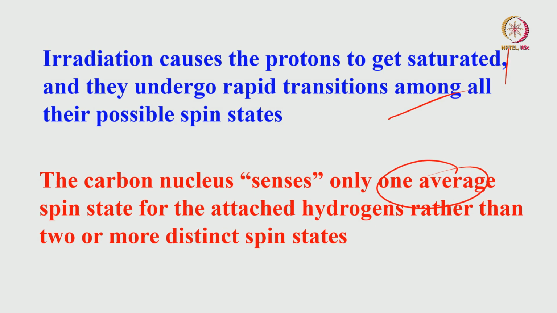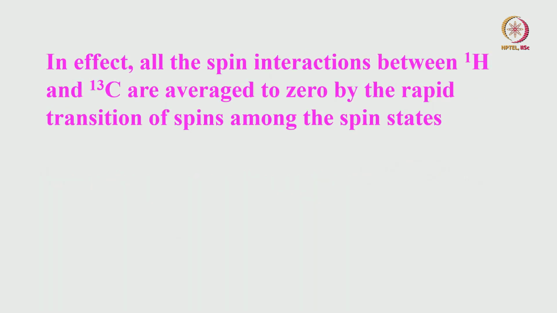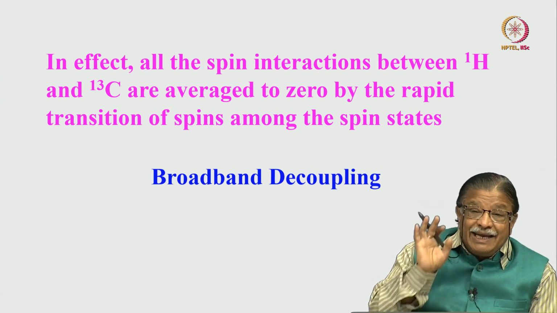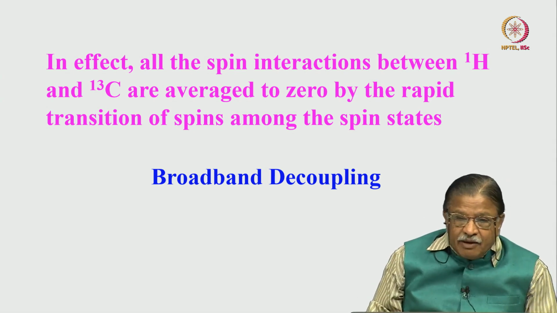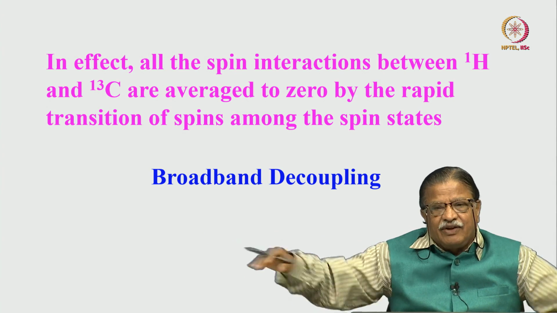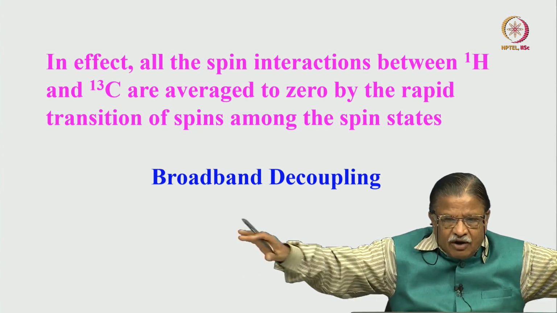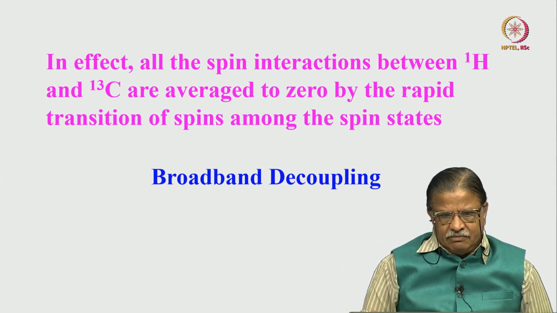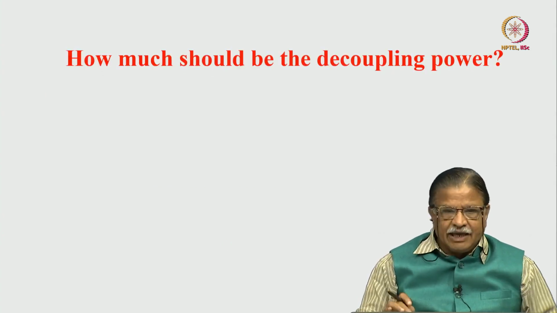There are n distinct spin states, it does not see all of them, it will see only the average. So in effect, all the spin interactions between carbon and proton are averaged to 0. This is because of rapid transition of spins among the spin states. This is what is called broadband decoupling. Broadband, because couplings over a broad range of frequencies, of all carbons, will be broken.